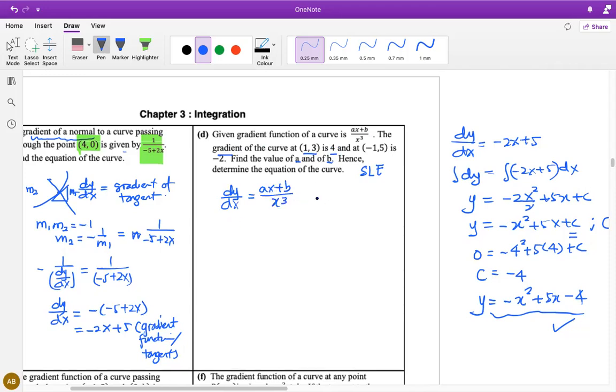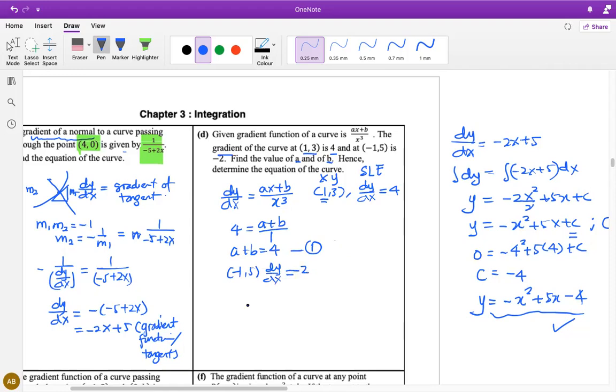At (1, 3), our dy/dx is 4. Here x is 1 and y is 3, so we only use x. So a plus b over 1, so a + b = 4. This is equation number 1. For equation number 2, at (-1, 5), my dy/dx is -2.